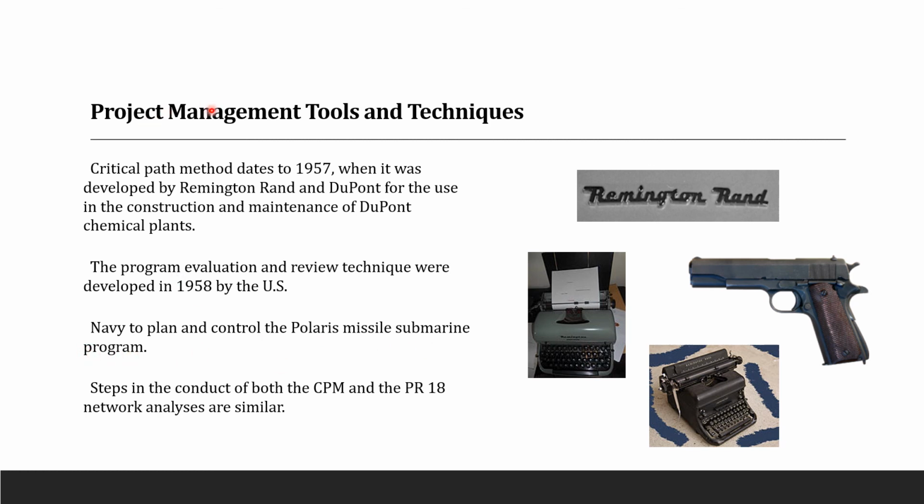That's another one coming from project management tools and techniques, especially CPM and PERT. The steps in conducting both CPM and PERT network analysis are all similar. All we have to understand is that CPM started from here.